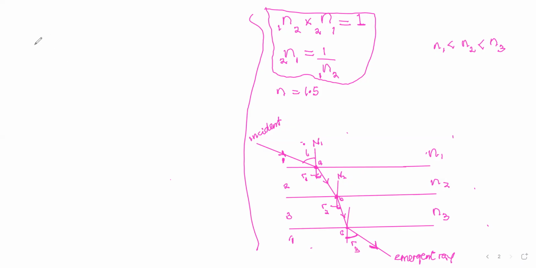So considering boundary A, if we want to consider the deviation or the refraction of light, Snell's law, the refractive index as light moves from medium 1 to medium 2 is equal to sine of the angle of incidence, which is I, over sine of the angle of refraction, which is sine R1.